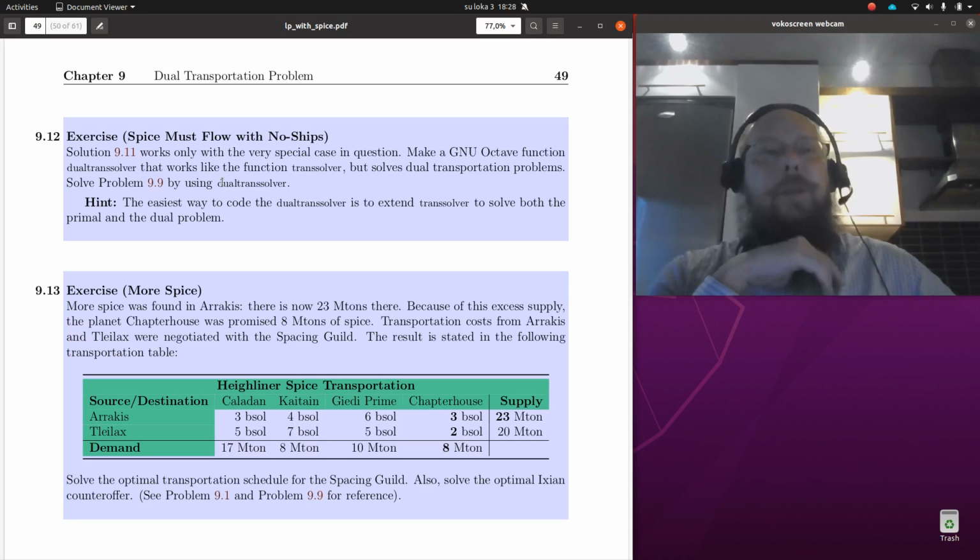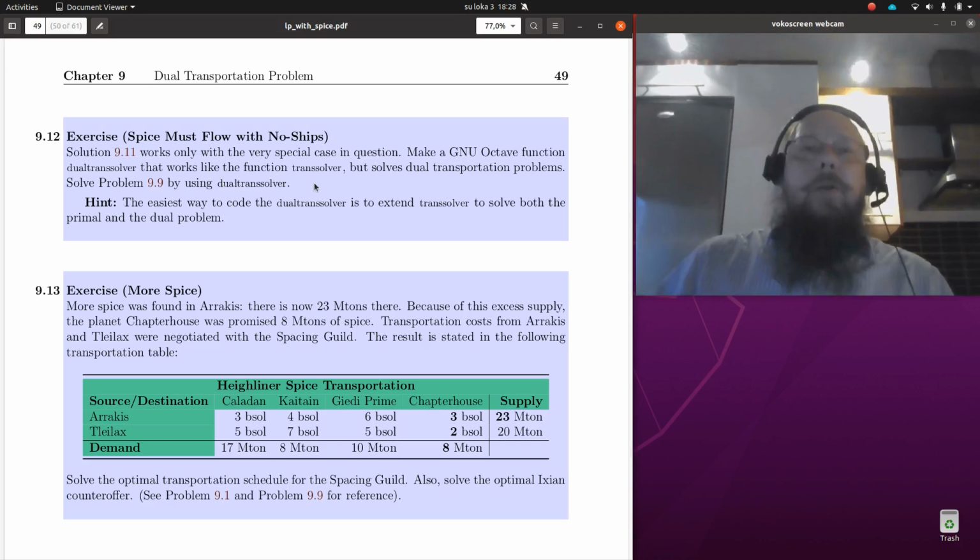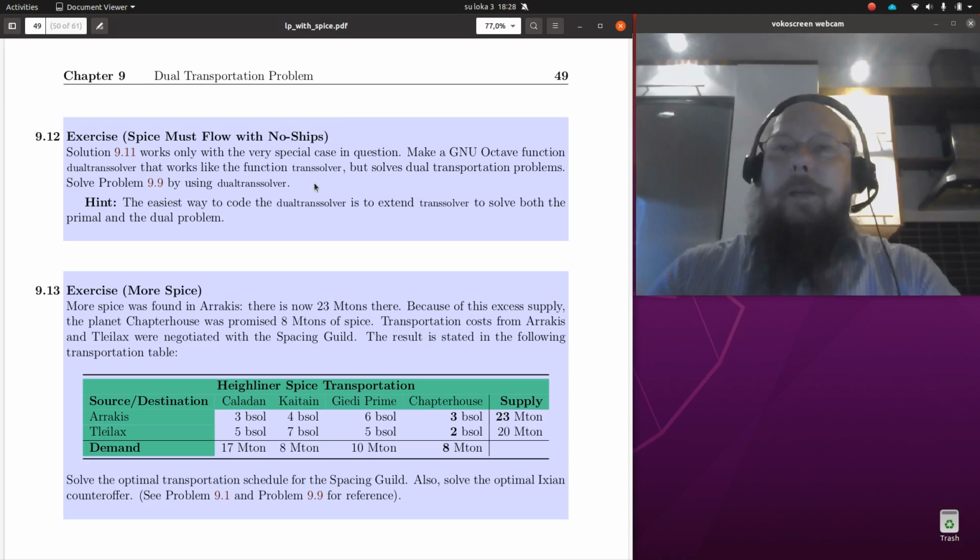Okay, what about this problem? Is this difficult or is this easy? If you start from scratch to do this dual transsolver, then of course you should look at the transsolver and take some hints there.